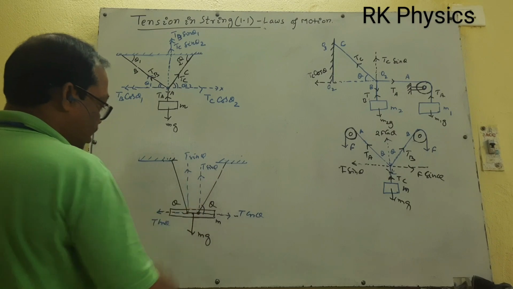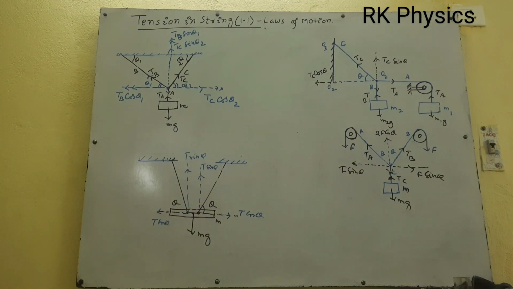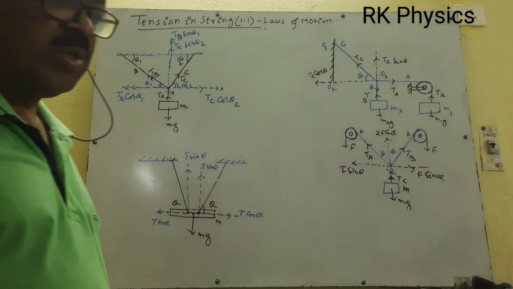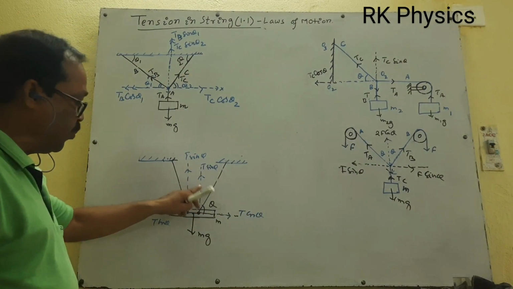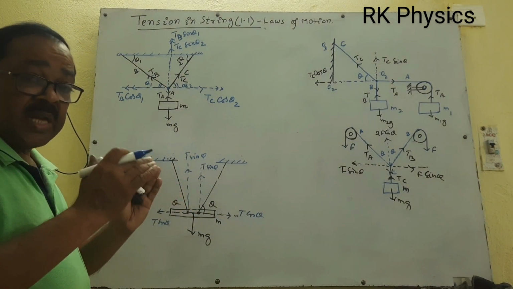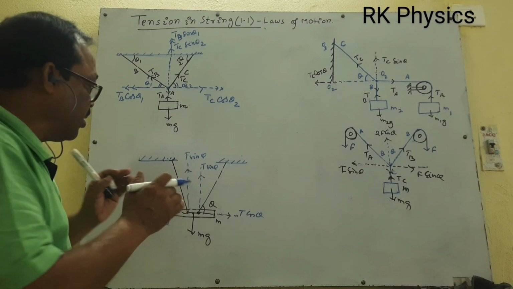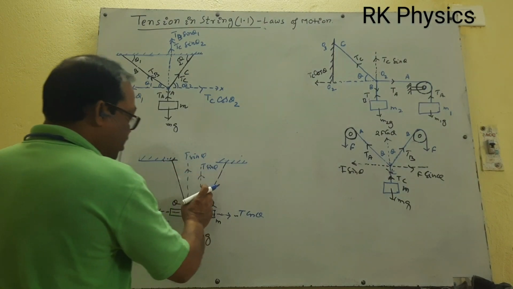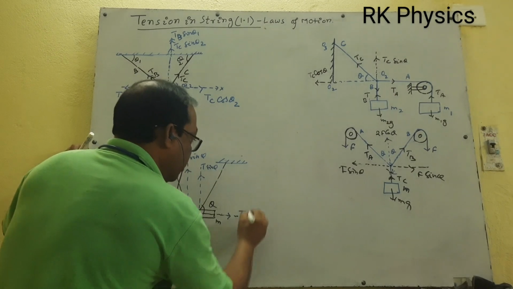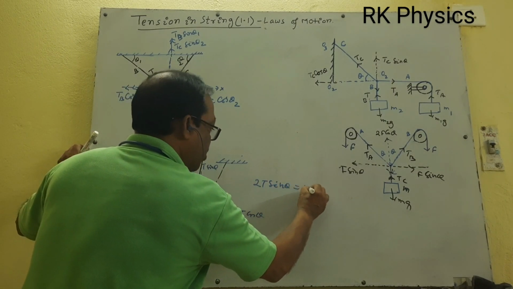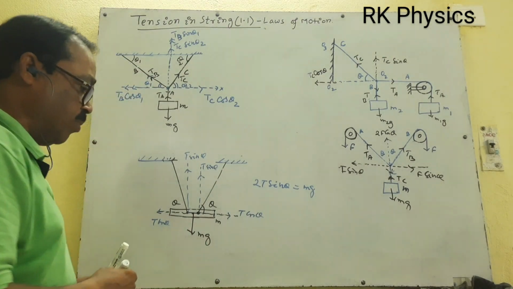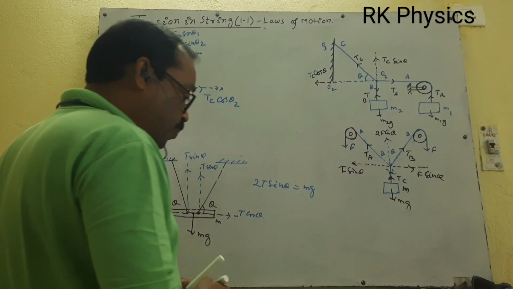Now, two forces are acting at two different points, but they are along the same direction simultaneously within the object. Therefore, these are examples of parallel forces. Then the net upward force is 2T sin theta, which equals the weight of the body if the system is in equilibrium.